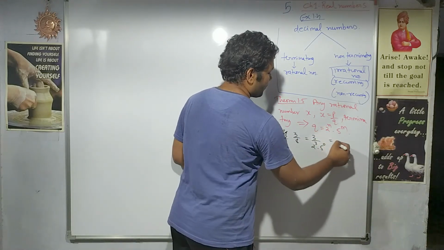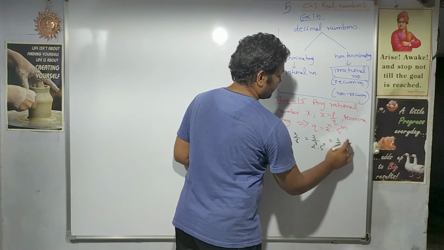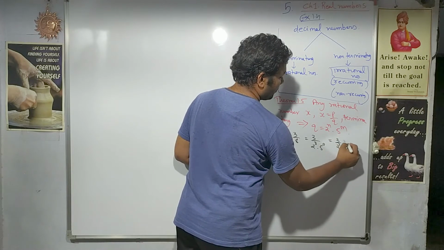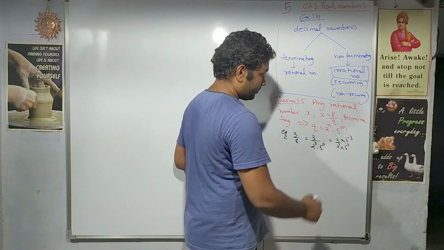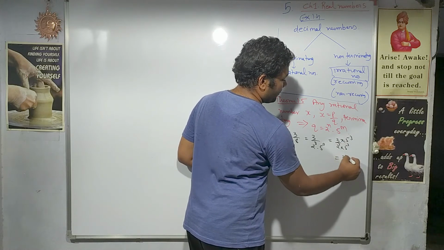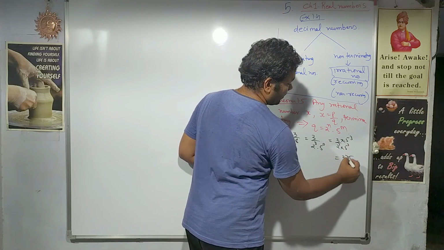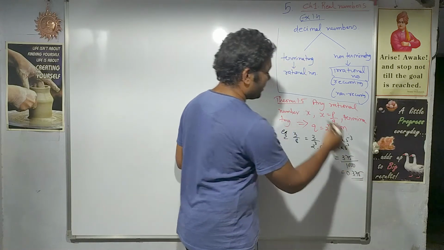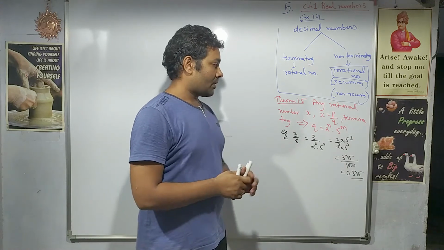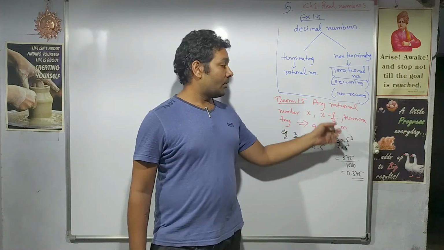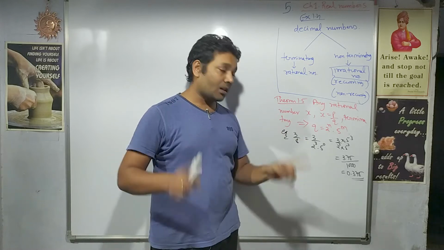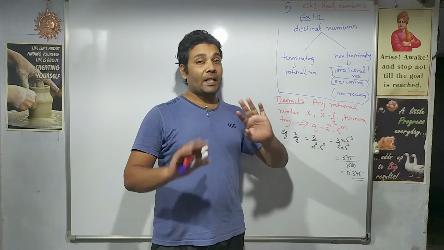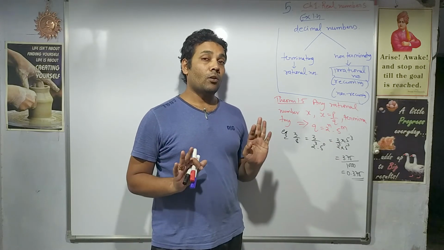Let us divide and see. Better we convert it into some other format which will be simple in division: 375 upon 1000, so 0.375. That is what the theorem says: any rational number, if it is terminating in nature, then q will be in this format. If q is not in this format, definitely it will be non-terminating for sure.